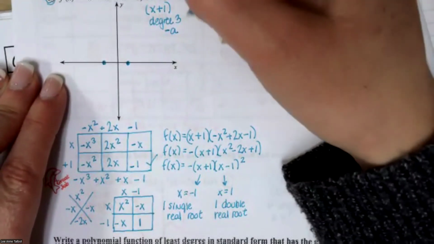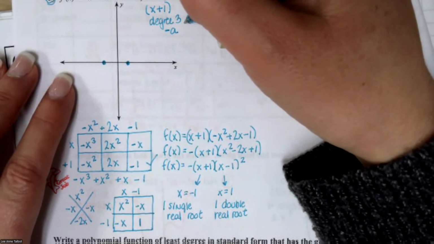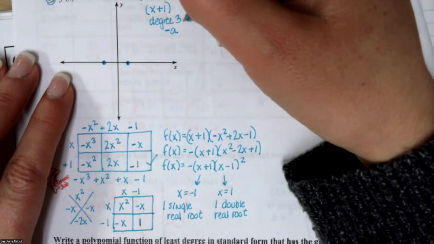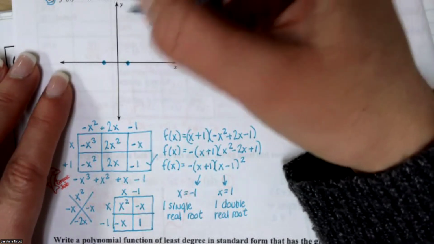So if I have an odd degree, negative a, do I start at the top or the bottom? You're like, I knew this at one point, Mrs. Talbot. Top.